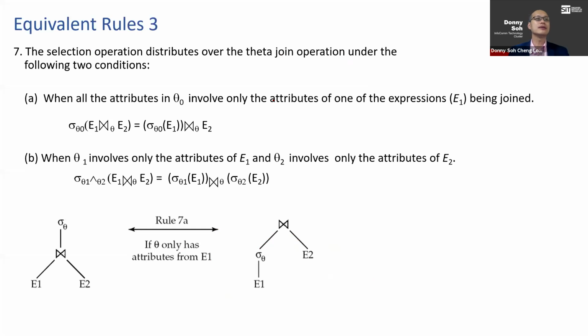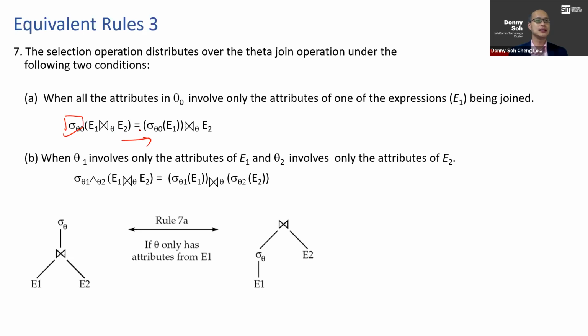So the selection operator distributes over the theta join under this condition. This is a selection operation. If theta contains only attributes of E1, I can push my selection operation inside. And to be frank, if you can do this, typically you will do this. Why?